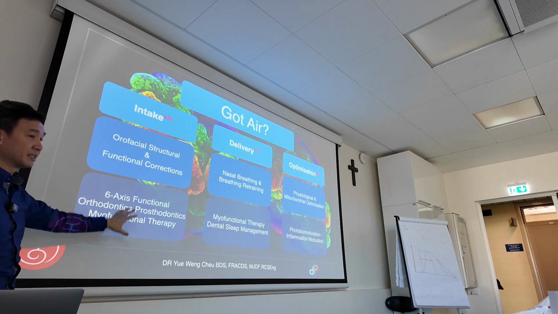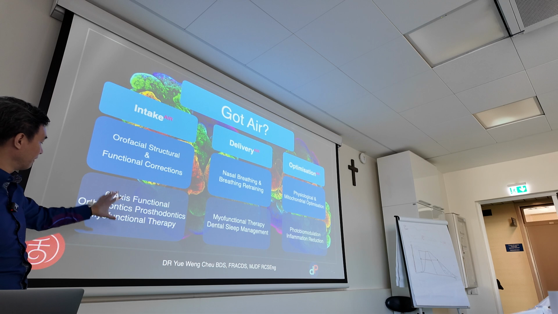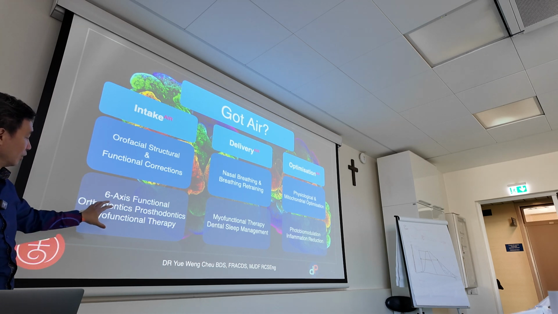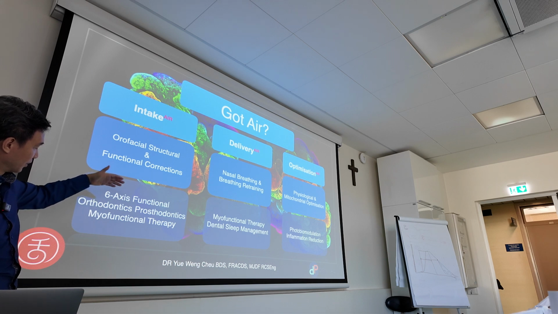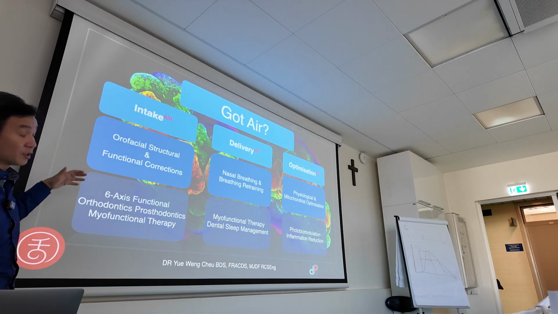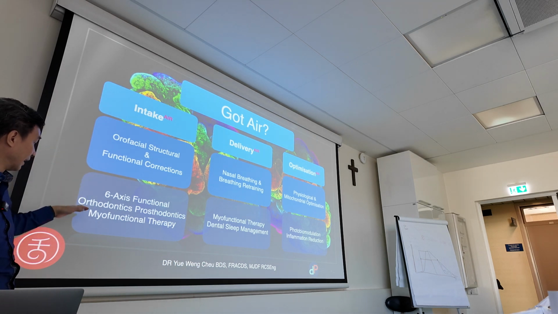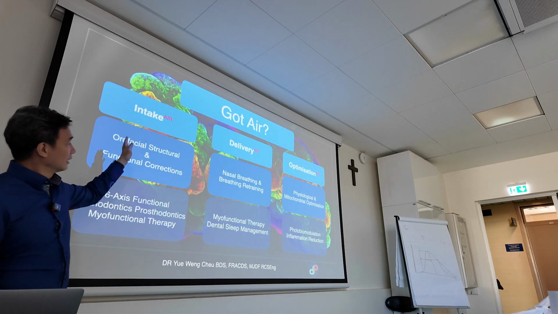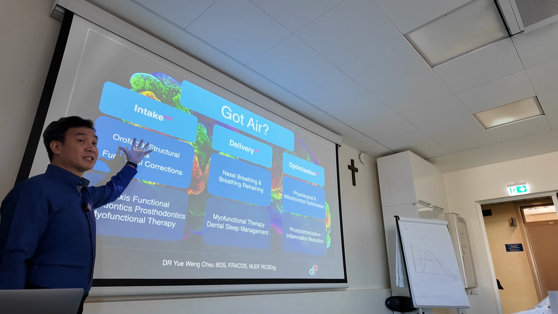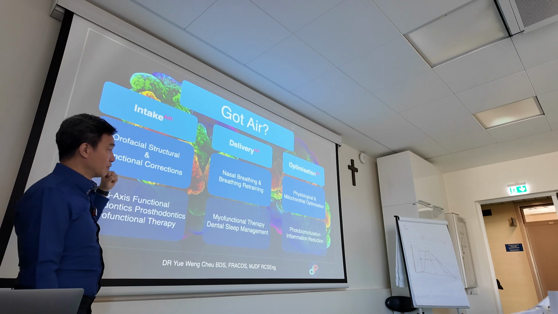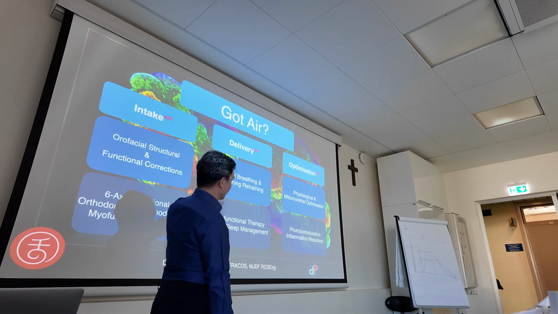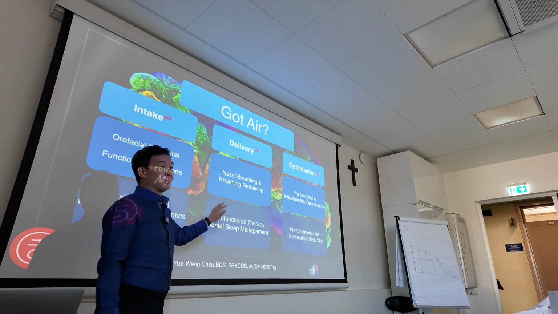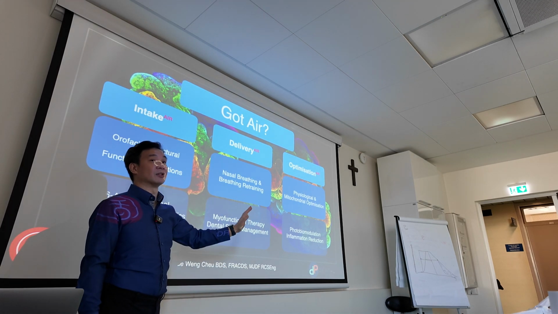We want to have a really big functional space created through functional orthodontics, prosthetics, and of course restorative at times as well. Then when we are able to increase the inlet, as more air gets into the body, we're able to do delivery properly to the cellular level.